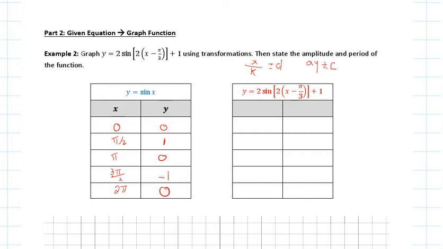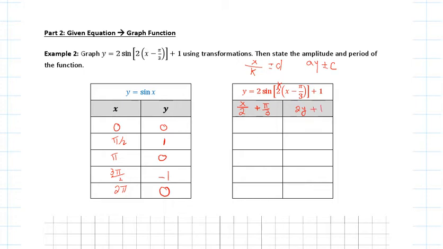So in this case it's x divided by 2 because k is 2, and because it's to the right pi over 3, I'm going to add pi over 3. For the y values it's going to be 2 times y plus 1.